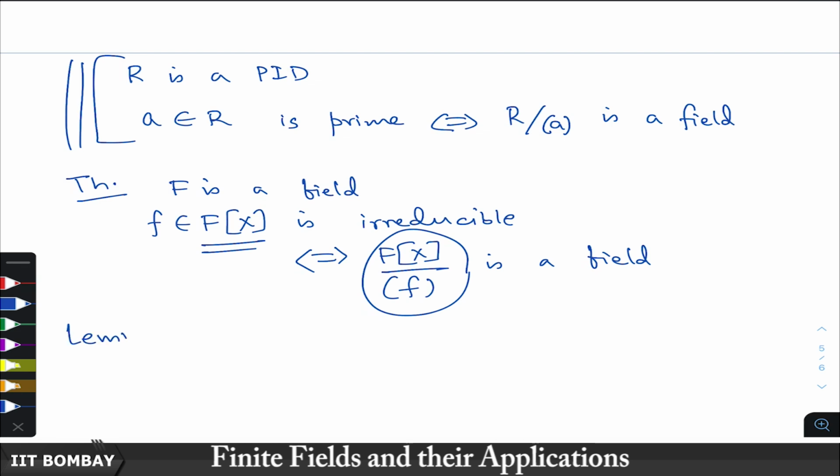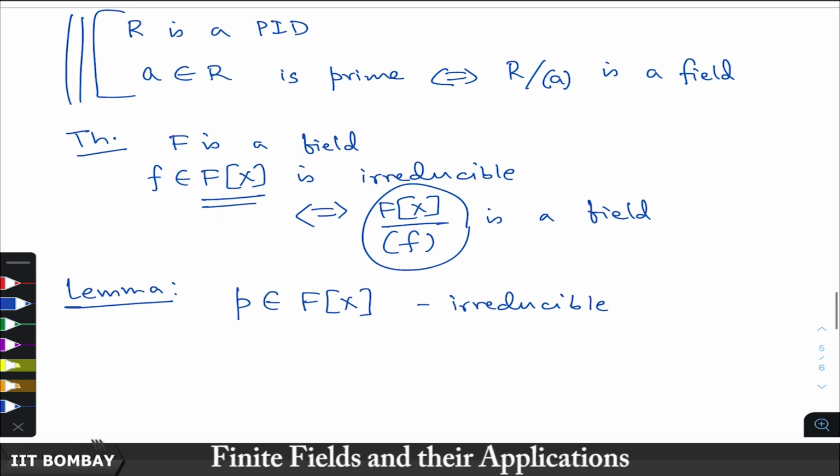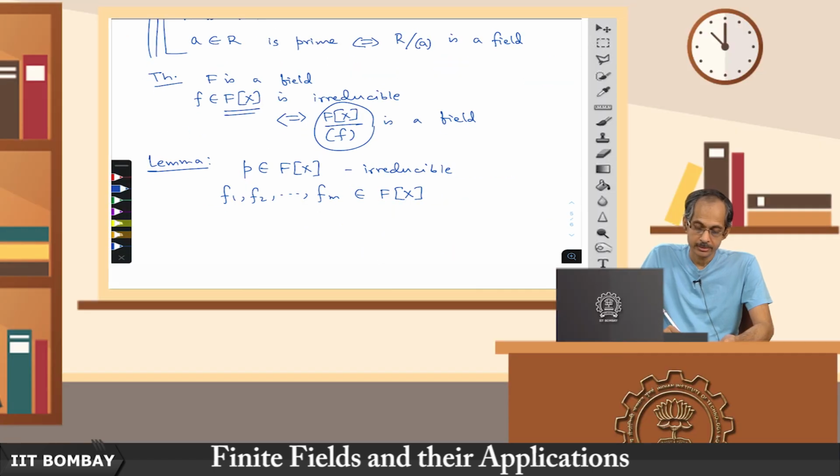Another result we will now discuss is the following. If P is an irreducible polynomial in F[x], and f1, f2, ..., fm are in F[x], these are polynomials, and if P divides f1 f2 ... fm, the product, then P must divide one of them.